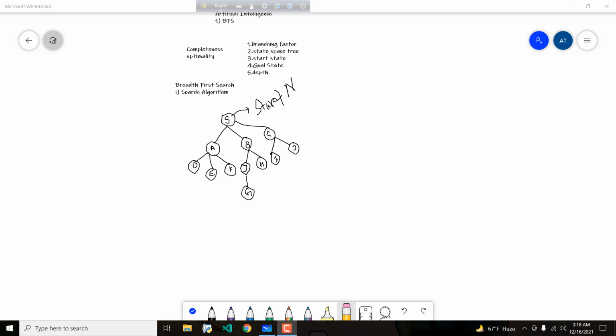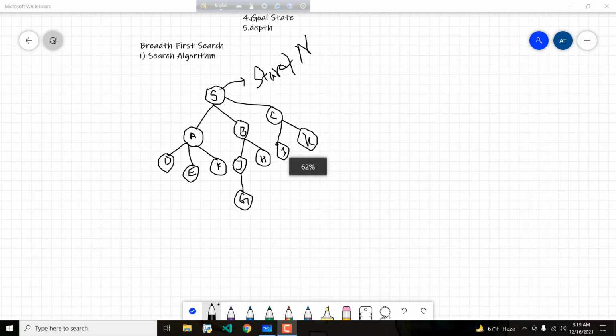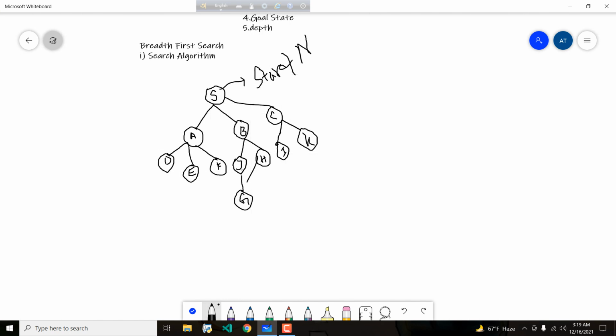Here you can see this is the parent of A, B, and C, and A has 3 children, D, E, F. B has 2 children, J and H. C has 2 children, I and K. I think you can see them now clearly.